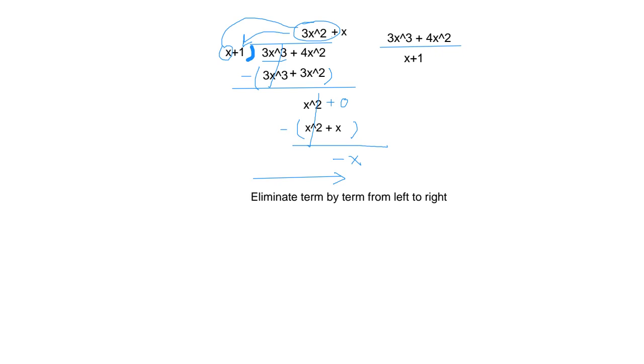So take a space. Then in the numerator, what do we put? We put a negative 1, because negative 1 times x will be negative x. Then negative 1 times positive 1, negative 1.